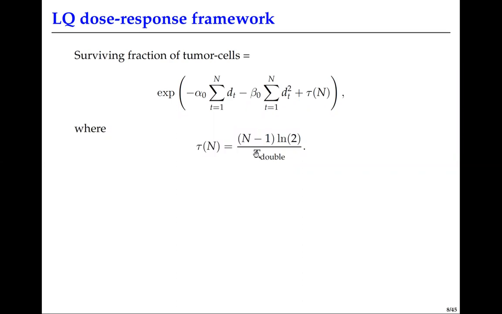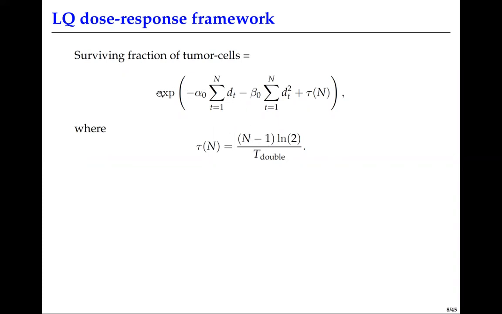This is the amount of time it takes for the tumor cells to double, let's say in number. And n minus 1 is simply the number of sessions n minus 1. The assumption here is that one session is delivered each day. So when you have n sessions, the tumor cells get n minus 1 days to grow. And that's the reason why this term shows up here.